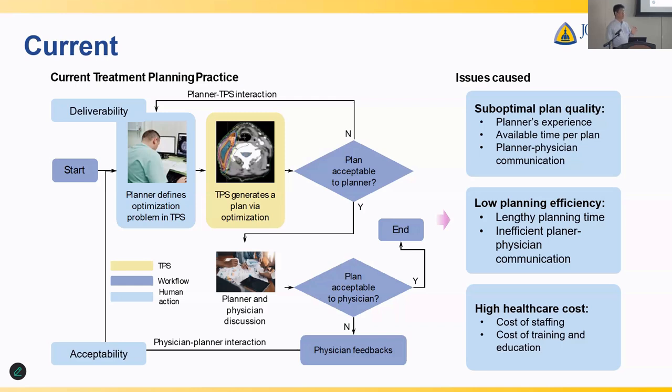And the fundamental challenge, or the root cause of this problem, is that we have a treatment planning system, which is software. It knows how to do optimization, but it doesn't know what is a good plan. So we need some sort of decision-making to work with the treatment planning system to get the plan done.